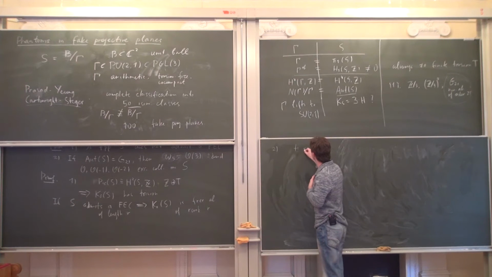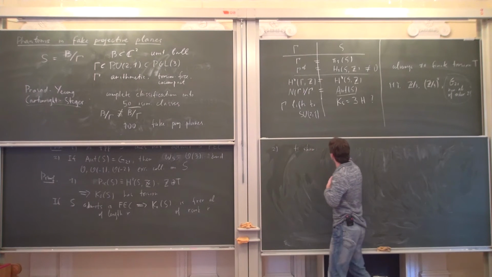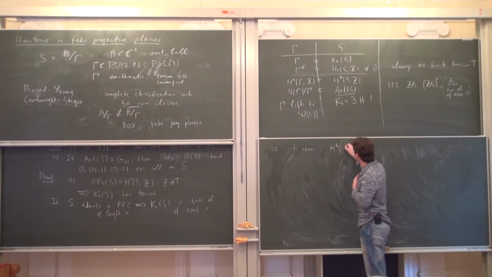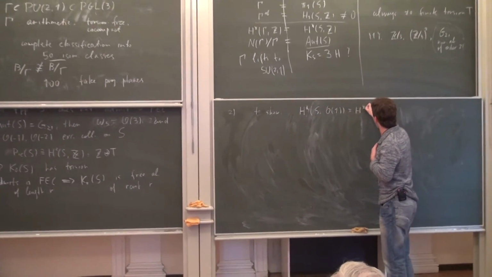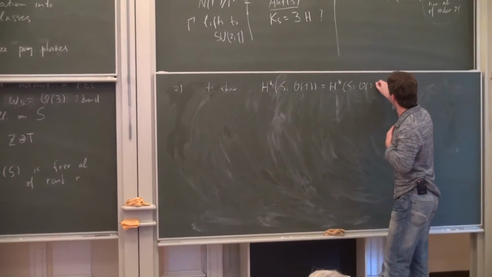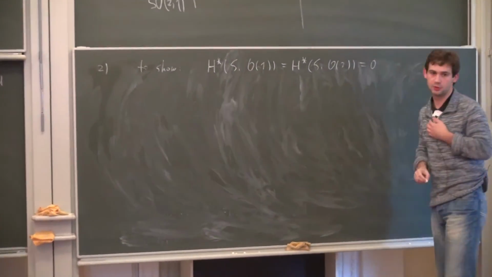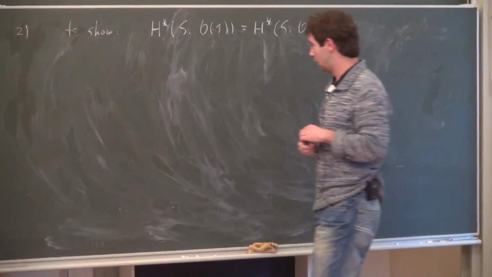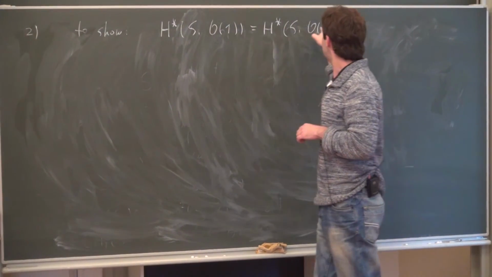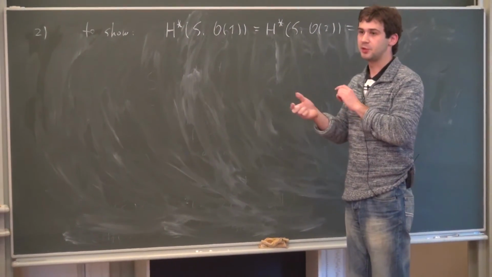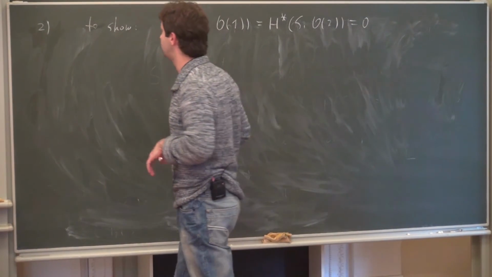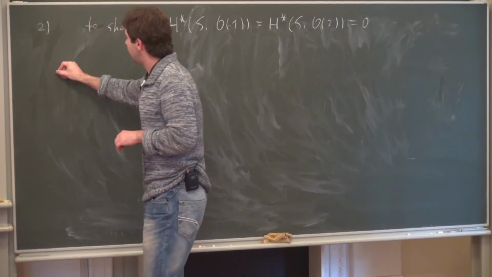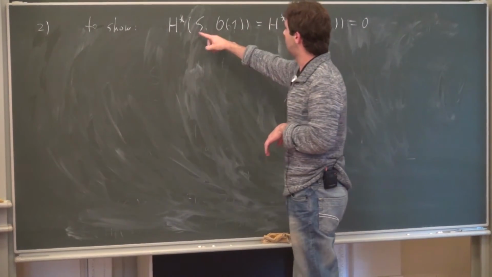We need to show that the cohomology of O1 and the cohomology of O2 are both 0. For CP2, it's O(-1) and O(-2), but that's exactly what happens. So all the signs get changed when one passes to fake projective planes. Okay, I'll make a table with all these groups.